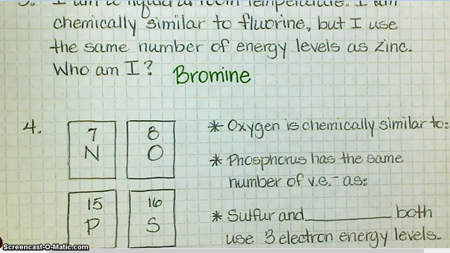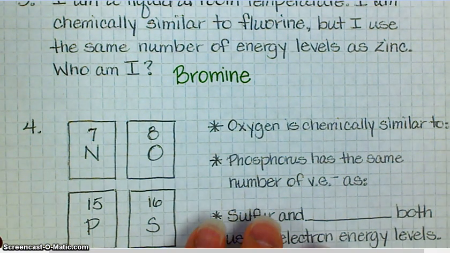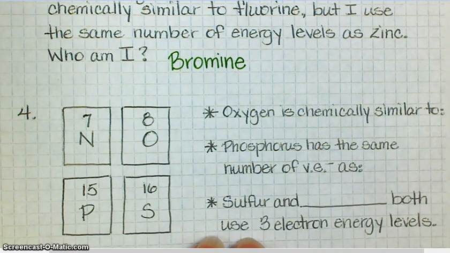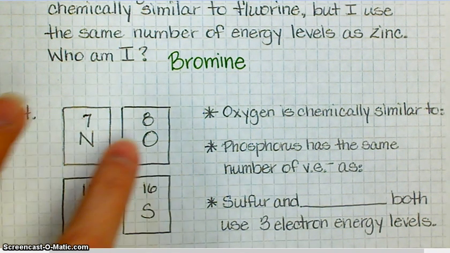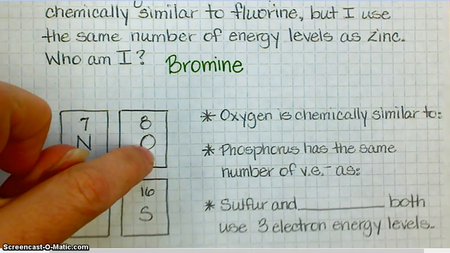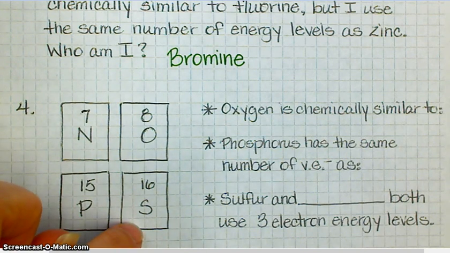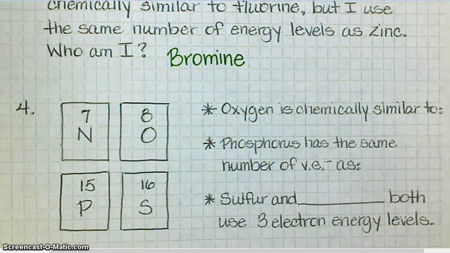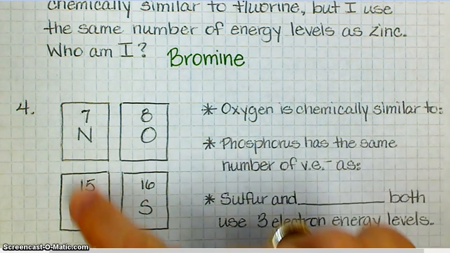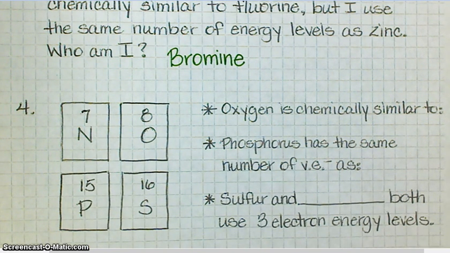All right, number 4. I've got just a little portion of the periodic table. I've got nitrogen, oxygen, phosphorus, and sulfur. And the question is, which one is oxygen chemically similar to?